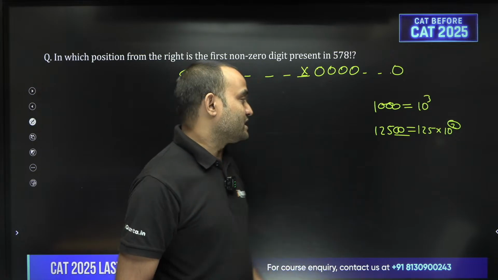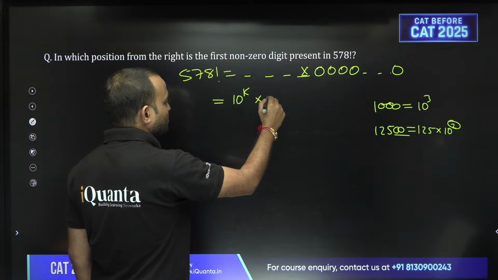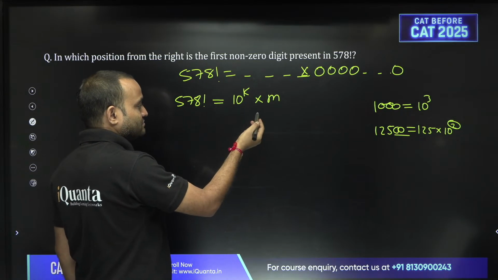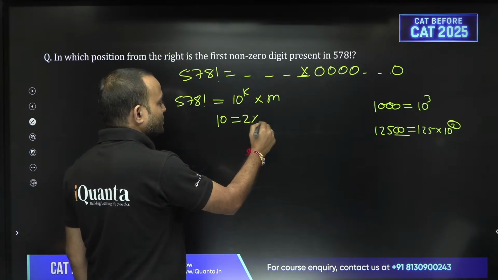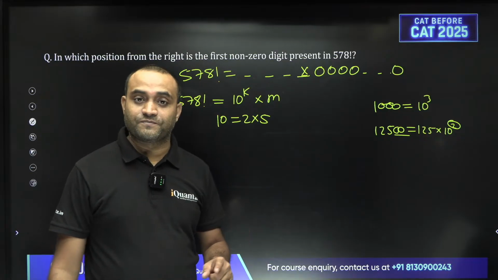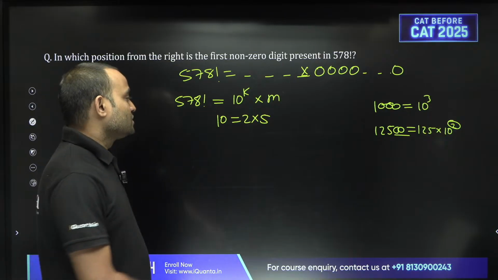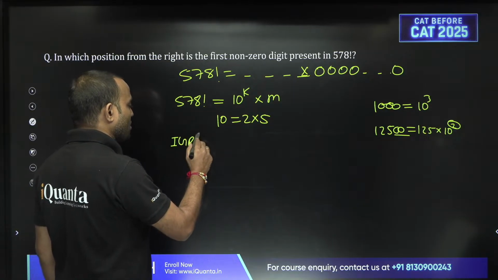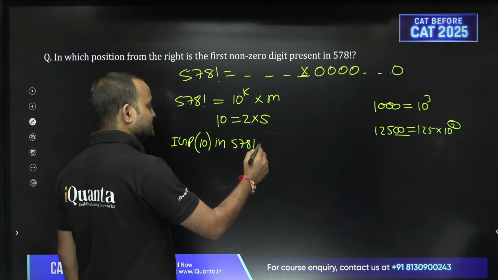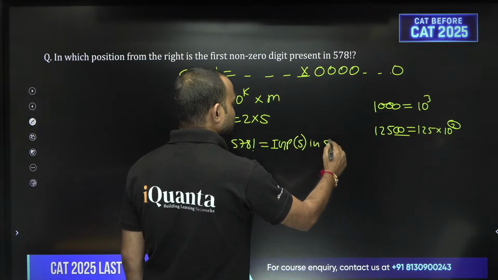So we need to write it as 10 to the power k into m in this form, right? And what is 10? 10 is nothing but 2 into 5. So if we find the power of 5 in 578 factorial, we will be able to find the power of 10 in 578 factorial. So IGP of 10 in 578 factorial is the same as IGP of 5 in 578 factorial.